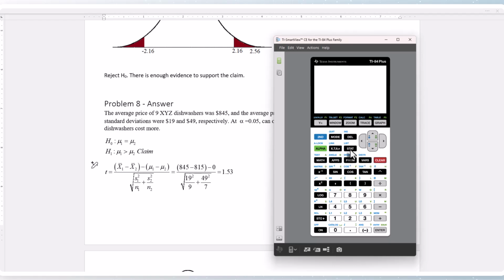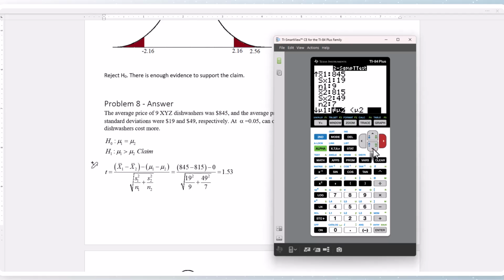We will verify this using our calculator. So we press STAT, test, 2-sample t-test, and type in our information. X bar 1 is 845, S1 is 19, N1 is 9, X bar 2 is 815, S2 is 49, and N2 is 7.